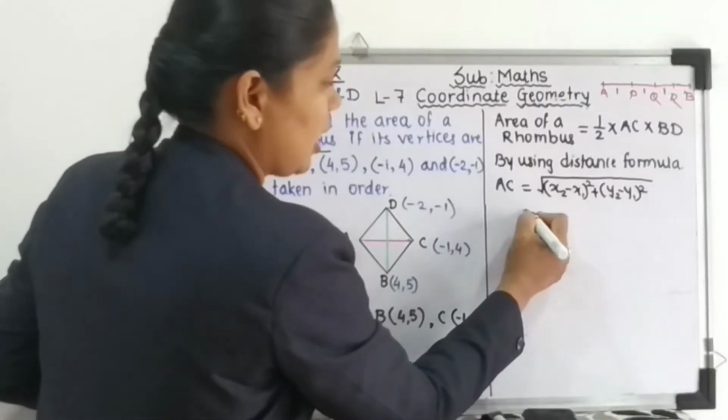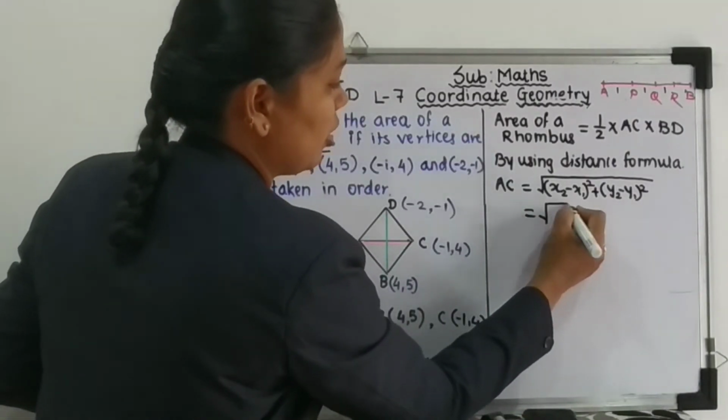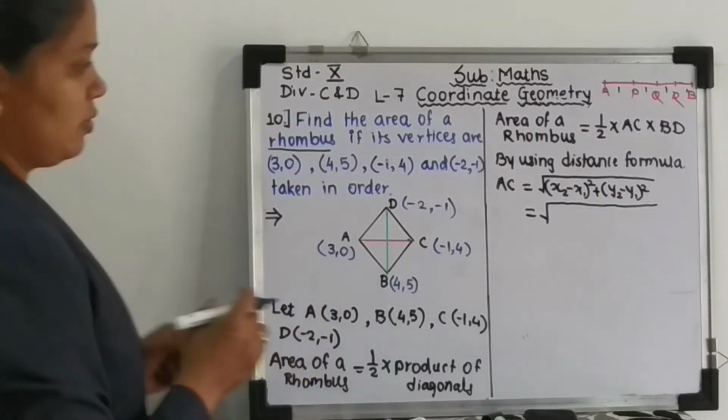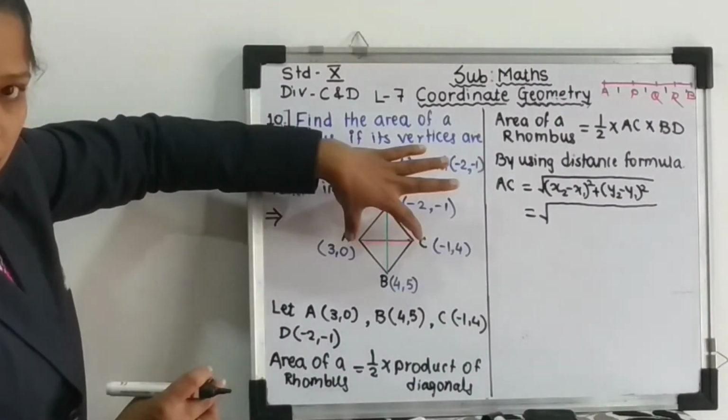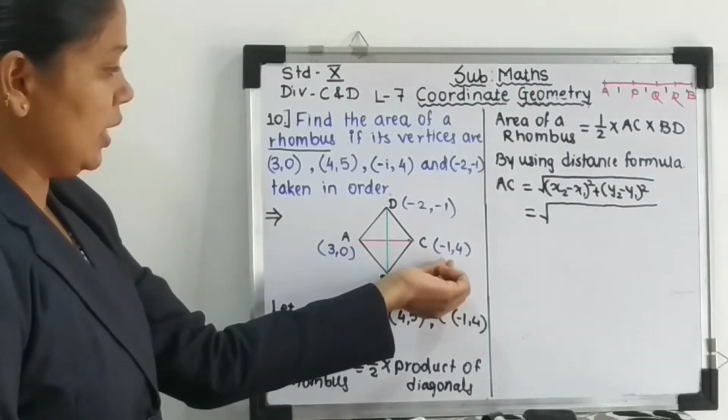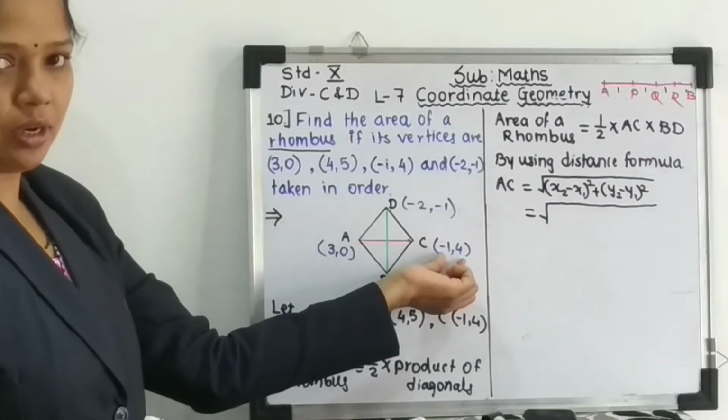Now let us substitute the values over here. We are talking about only AC, no? So your x1 and y1 is the A coordinate, and x2 and y2 is your C coordinate, right?